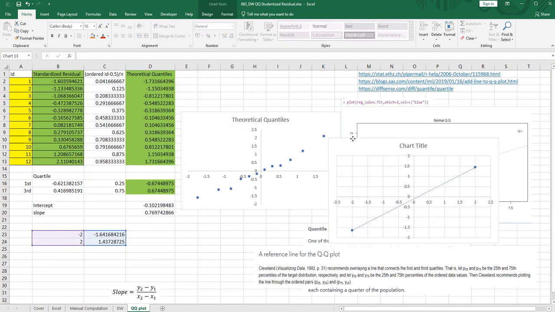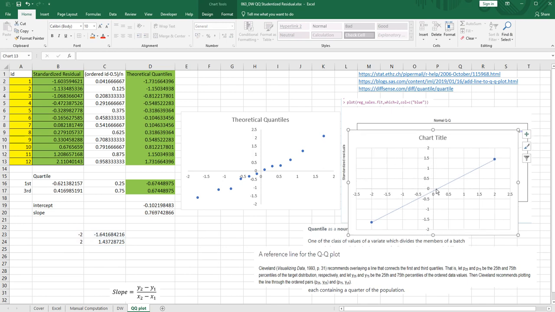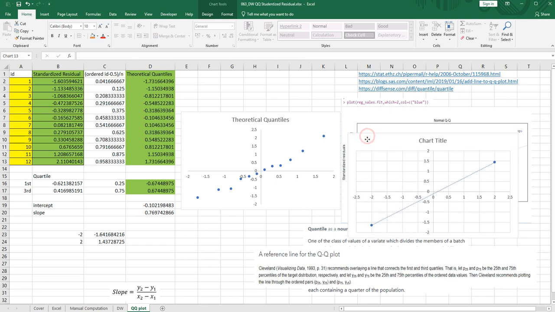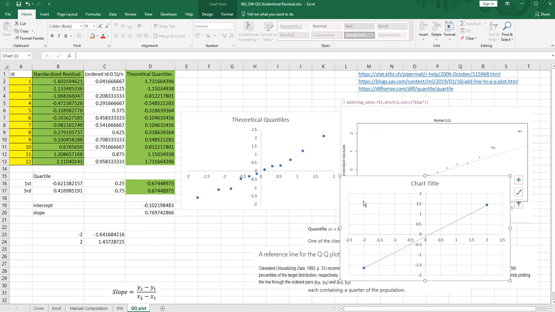Yep, the final task is to overlap this line onto this graph. So it's a kind of Excel technique. So please follow me.